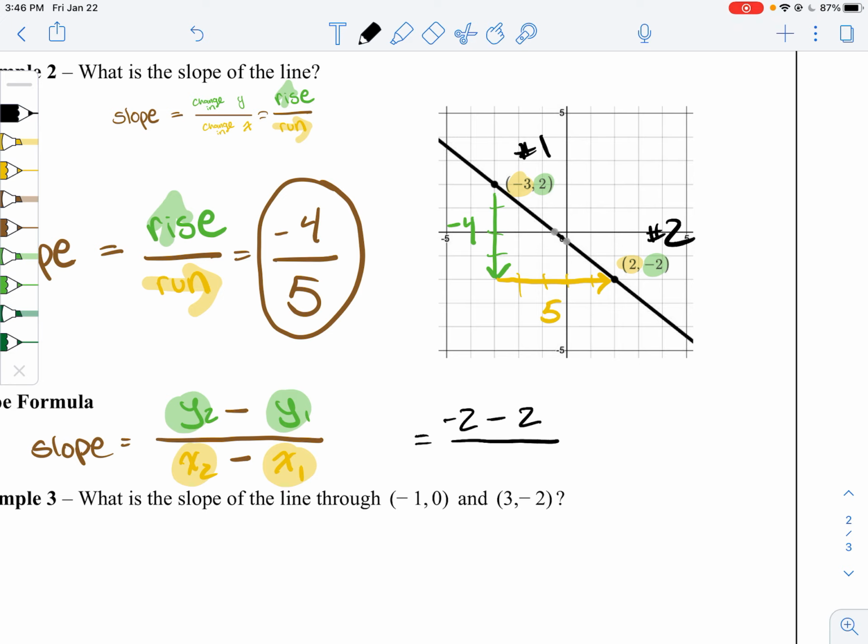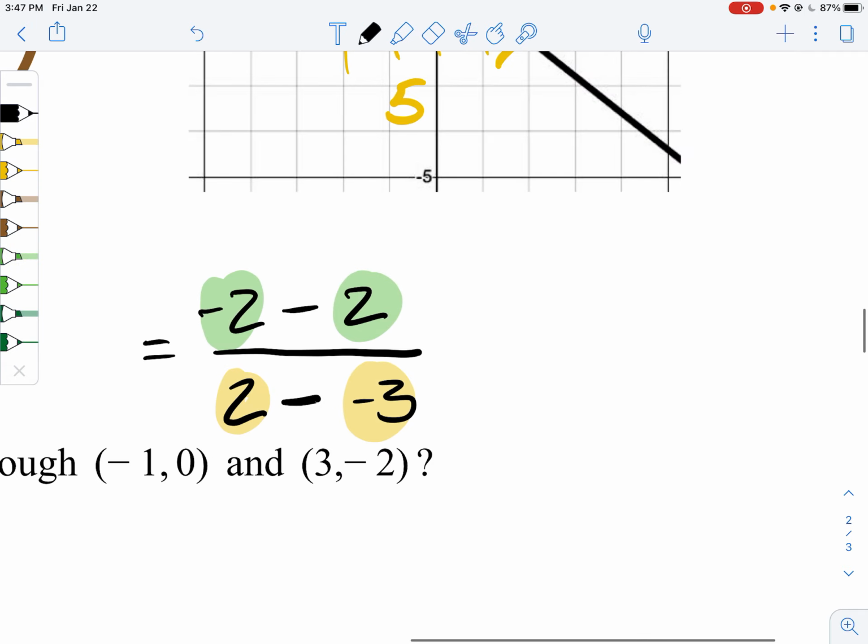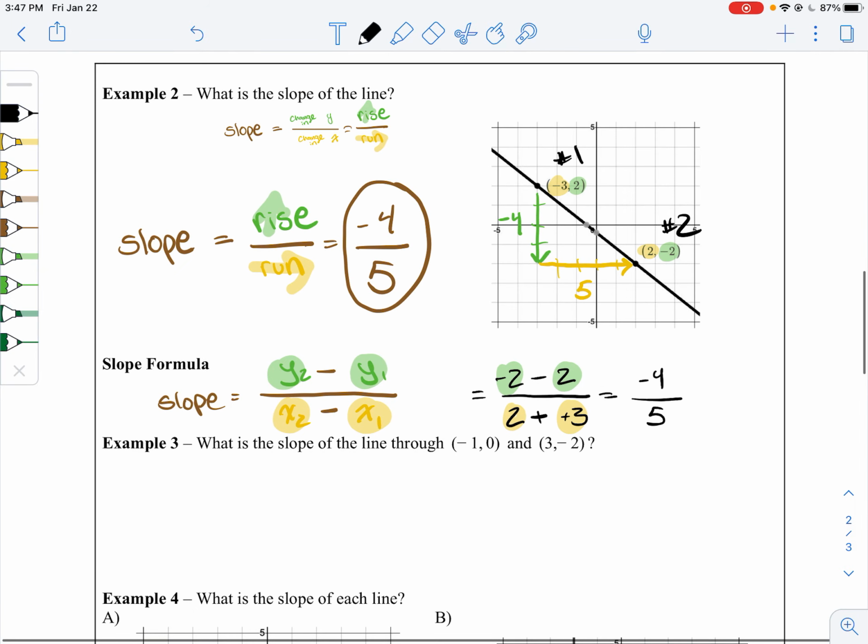And then we have x2 minus x1, so we need to take x belonging to our second point, which is this guy right here, 2 minus a -3, oh my. Okay, so we got 2 minus -3 and -2 minus 2. Let's see what that works out to be. Well, -2 minus 2 is -4, and 2 minus a negative is plus a positive. Oh, hey, look, it's the same. What a big surprise. I'm so surprised. Okay, cool.